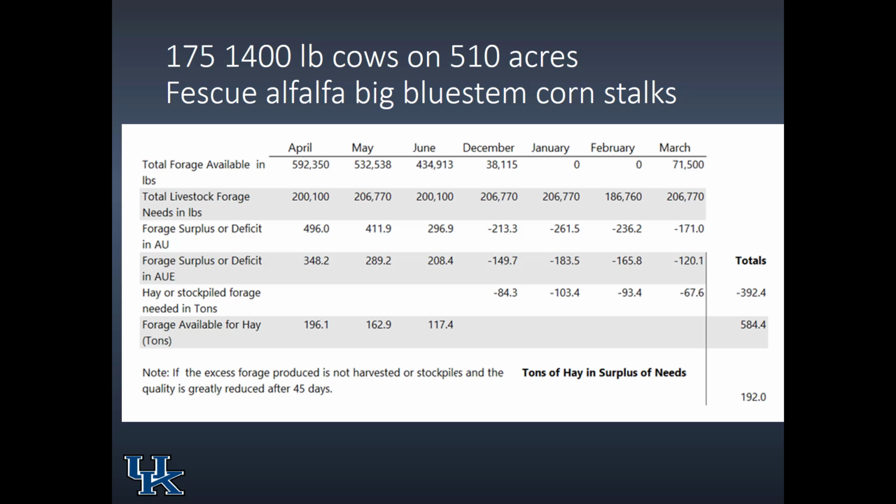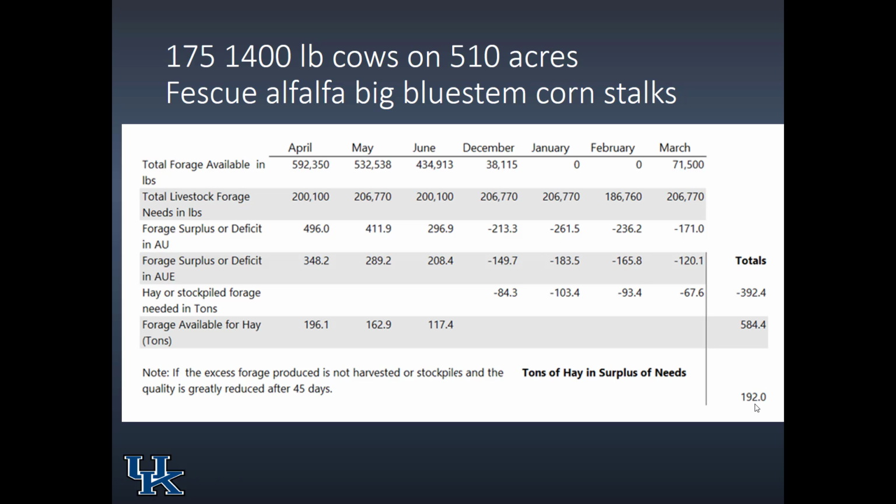If you look at the far right-hand side, what you see is really the payoff. You wind up needing about 392 tons of hay, and whether it's that or stockpiled forage, you will need to have this much. You've got this much hay that you should be making or could make during the course of the season, 584 tons, for a surplus of hay above needs of 192 tons.